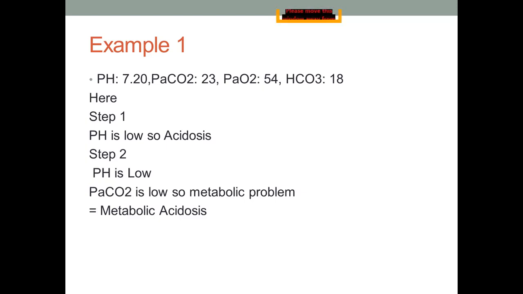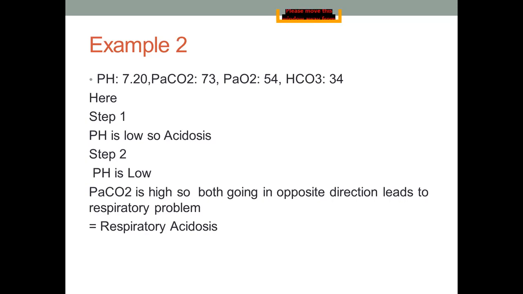We have discussed the two steps. Now we will discuss another example of a patient, where pH is 7.20, PaCO2 is 73, partial pressure of oxygen 54, bicarb 34. Step one, look at the pH, which is acidosis. Step two was to look at the PCO2. So pH is low, PCO2 is 73, that is high.